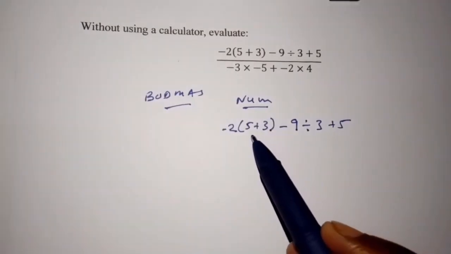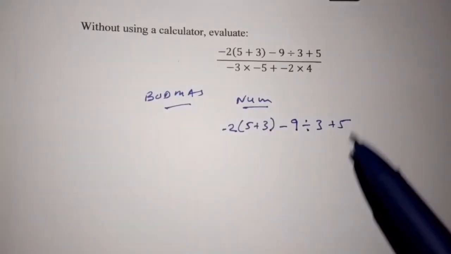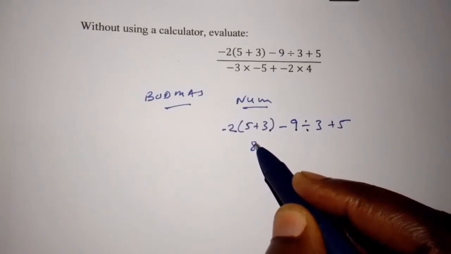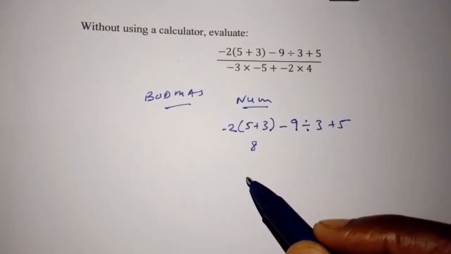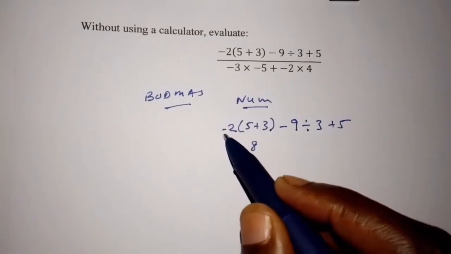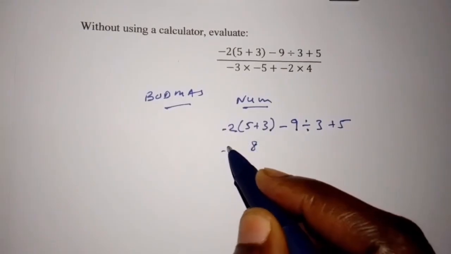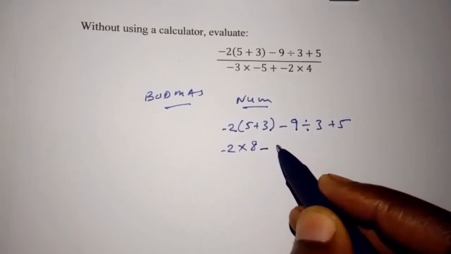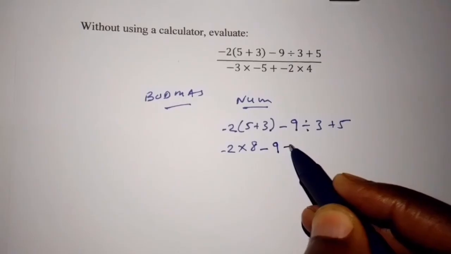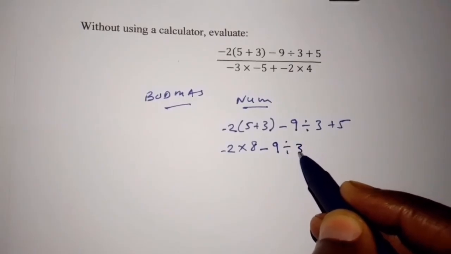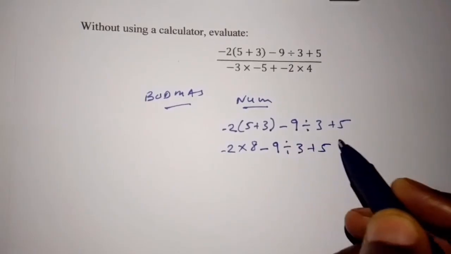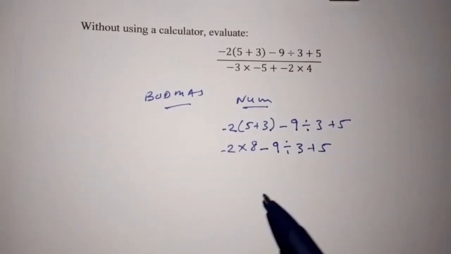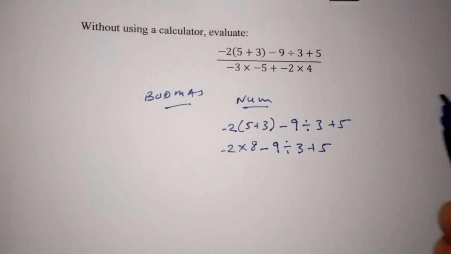Bracket here is 5 plus 3. 5 plus 3 is 8. So this is going to become -2 times 8 minus 9 divided by 3 plus 5. Then division. Where is the division?